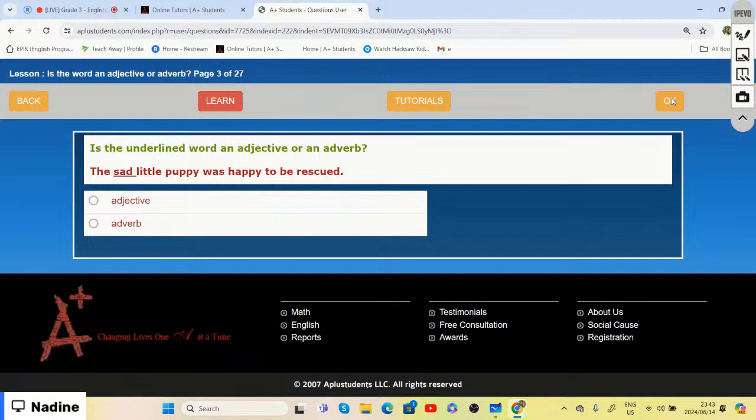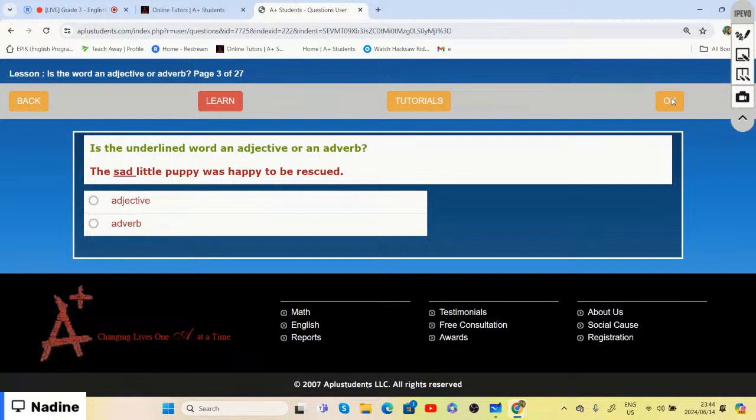So sad little puppy. Look at the word sad, right? What is the word afterwards? Little. And then we have puppy, right? So they are describing the puppy. They're saying this puppy is sad and little, right? Which means that this is an adjective because they are describing the puppy, which is a noun.